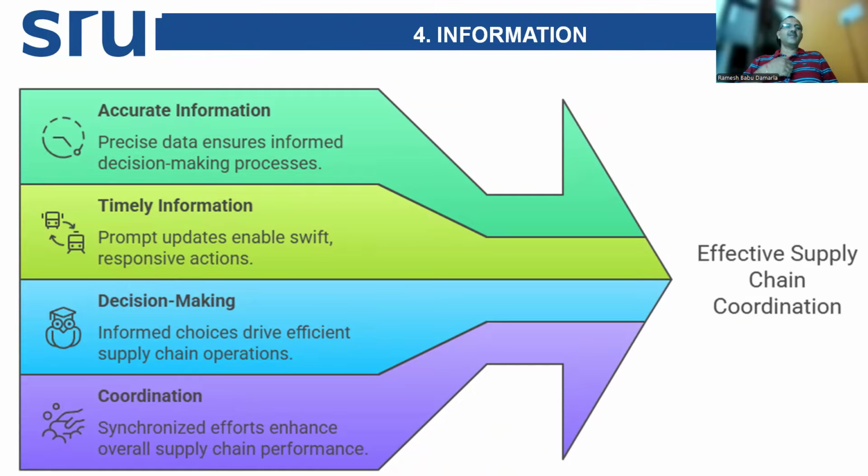Let us see accurate information. Precise data ensures an informed decision making process. For example, if a store informs the warehouse of its requirement for next week through a telephone call, there can be errors because of mishearing, language, errors in the communication system, or background noise.